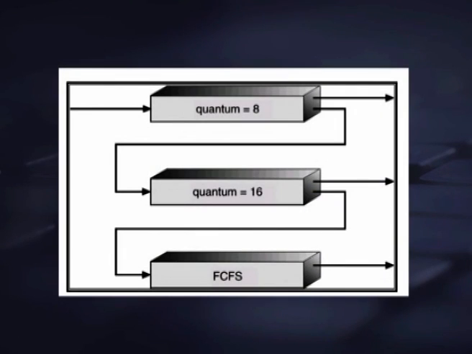The working of multi-level feedback queue scheduling has been shown in figure. Initially, first queue with time quantum of 8 milliseconds contains all the processes. CPU scheduler selects processes from first queue and serves them in FCFS manner.